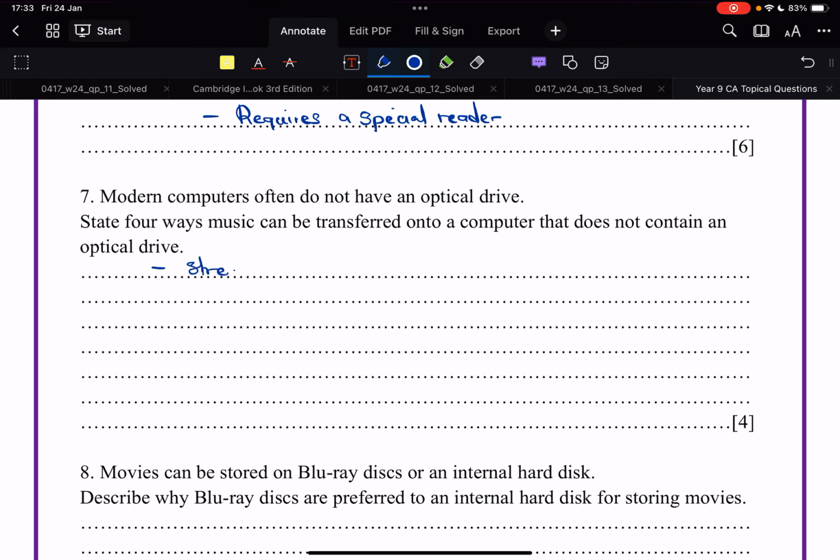One way is to stream music from the internet. We can also download music from the cloud.